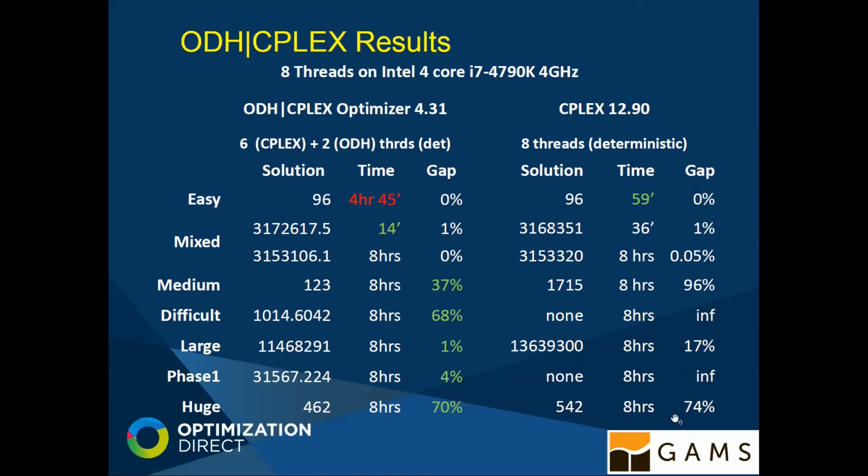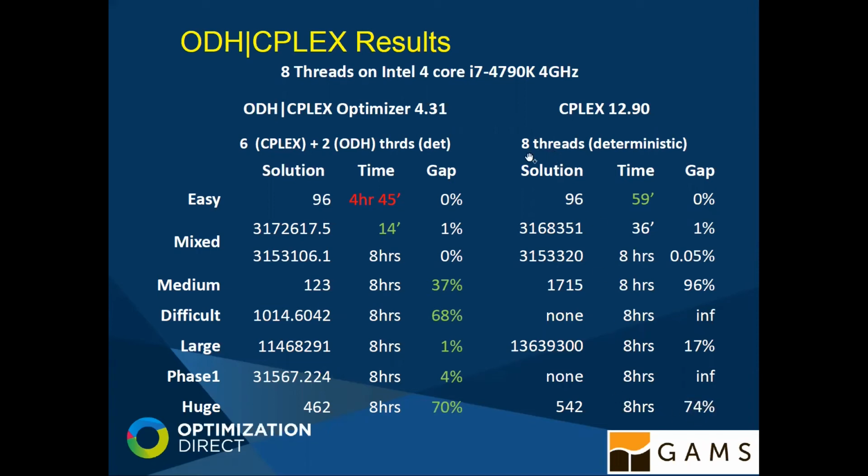The large telecoms model, the vast model there with 13 million integer entities in it, is one where the two solvers are running much more neck and neck. It happens ODH CPLEX is doing slightly better, but not vastly so.